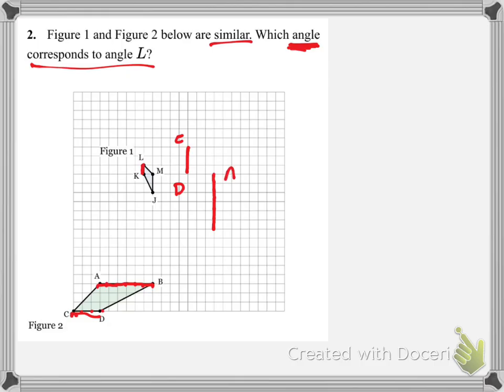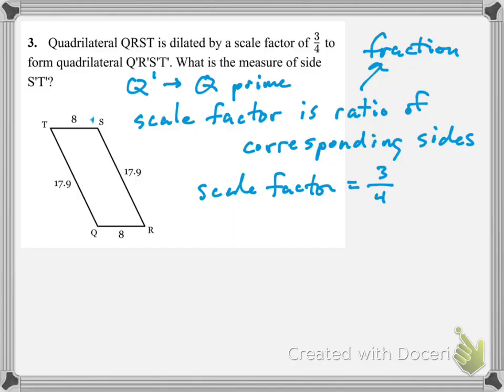So there is B. Now you just connect those, and you have the shapes looking the same, going in the same direction. Here's angle L. What angle in the other figure matches up with L? C does. So that's your answer. Again, if they give you two shapes where one's rotated and one's not, rotate the bigger figure to make it look like the smaller one.